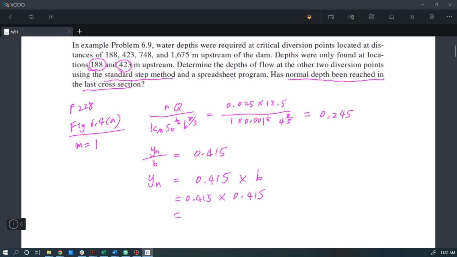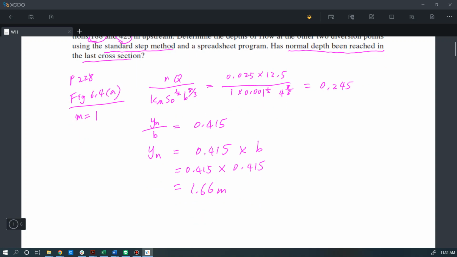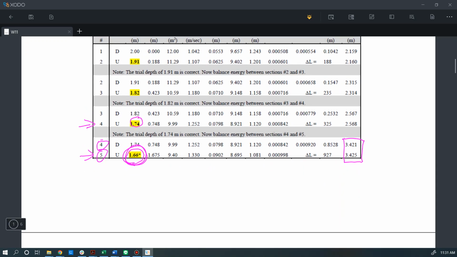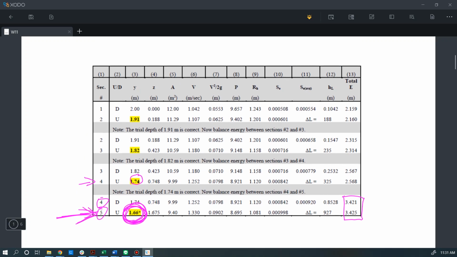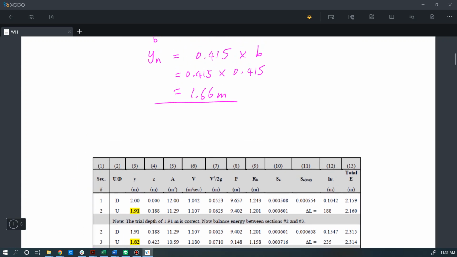Then we have our normal depth equal to 1.66 meters. So in this case, we can show that at this section 5, the water depth has already reached the normal depth.